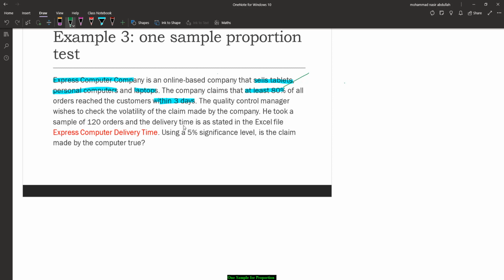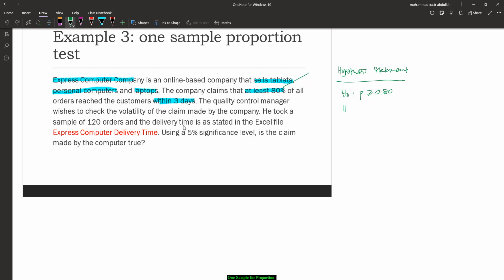So our hypothesis statement: our null hypothesis will be P is more than or equal to 0.80, meaning more than or equal to 80%.